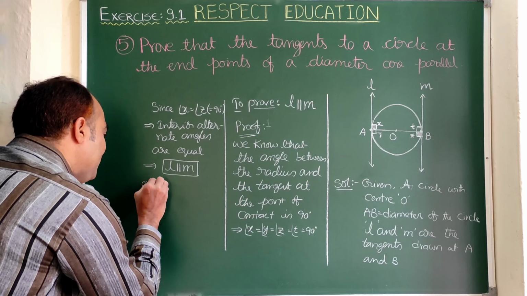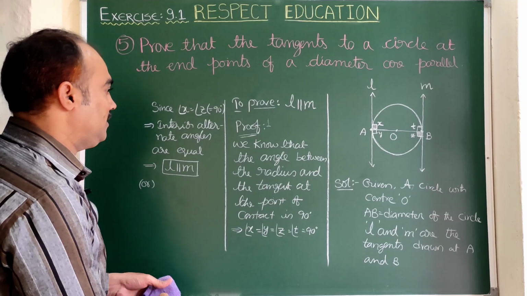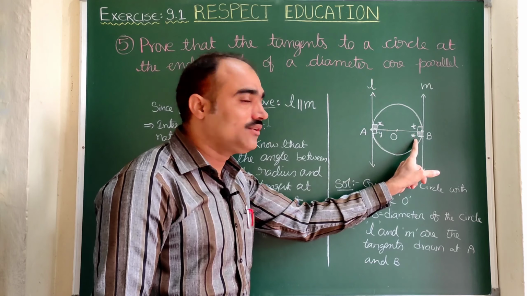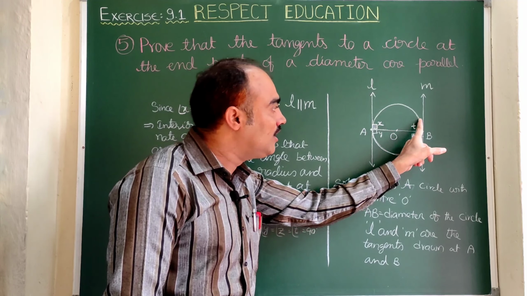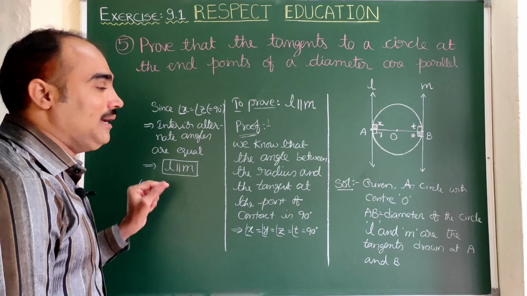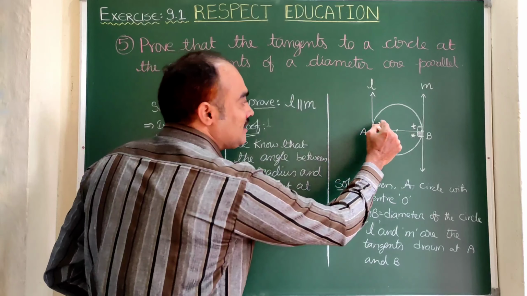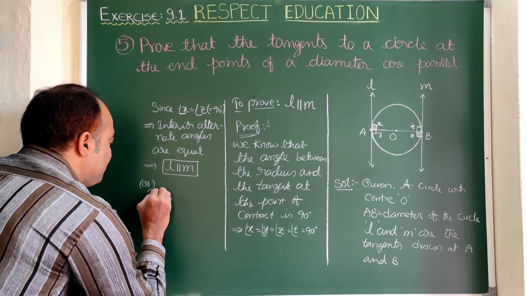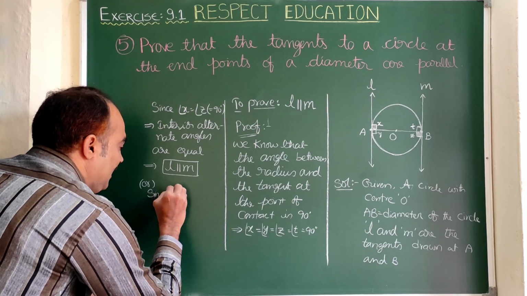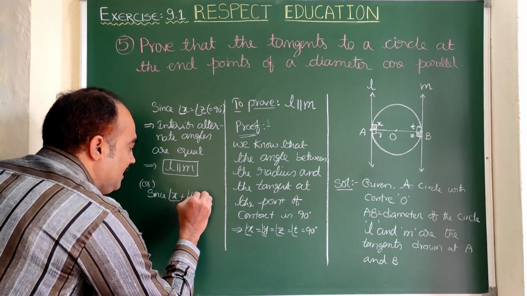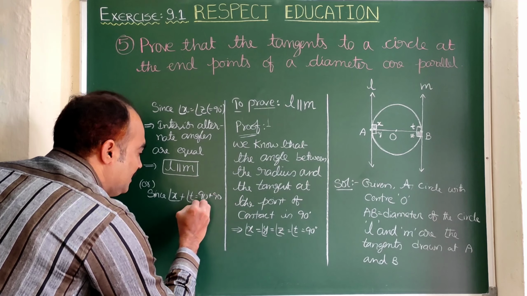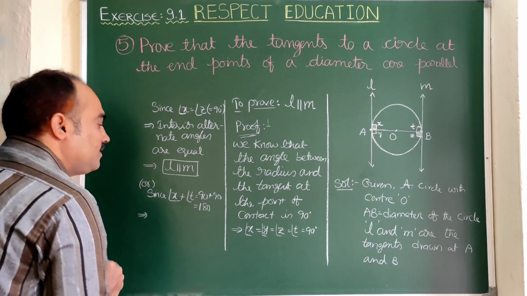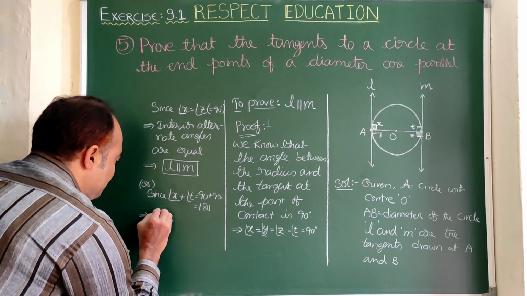Or in another way also you can do the same problem. Here you observe not only X equal to Z, Y is equal to T also, same reason. And for the other reason, since X plus T is 180, or we can say since angle X plus angle T is 90 plus 90 is equal to 180, that means these are co-interior angles.